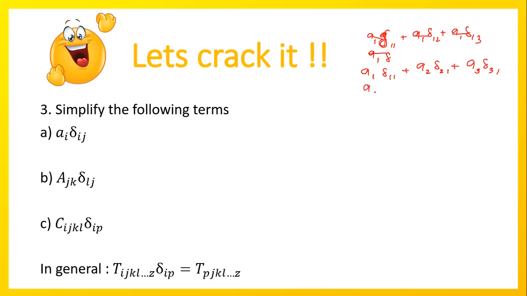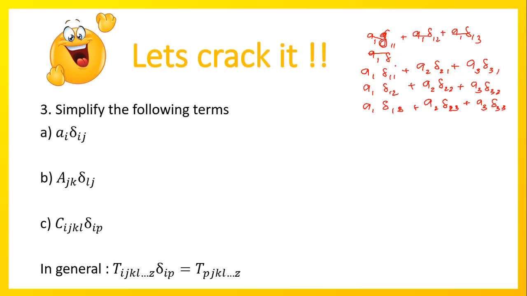Next equation is a1 delta 12 plus a2 delta 22 plus a3 delta 32, and the third equation is a1 delta 13 plus a2 delta 23 plus a3 delta 33.